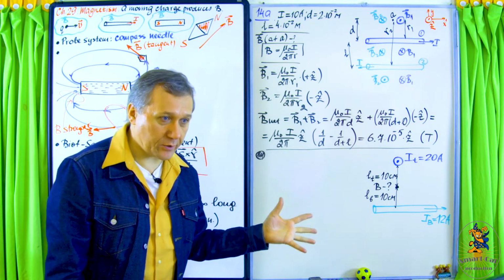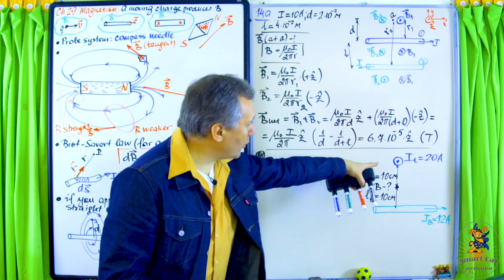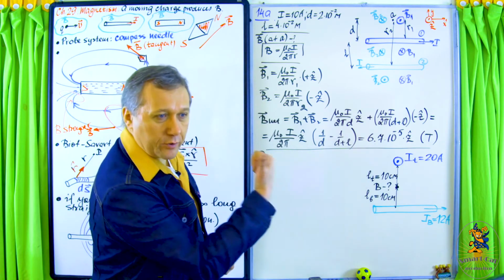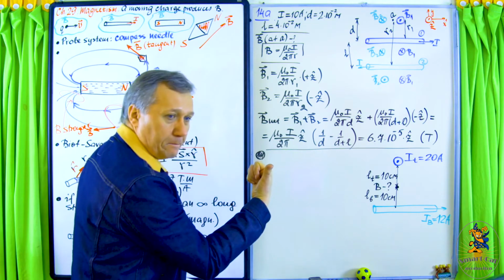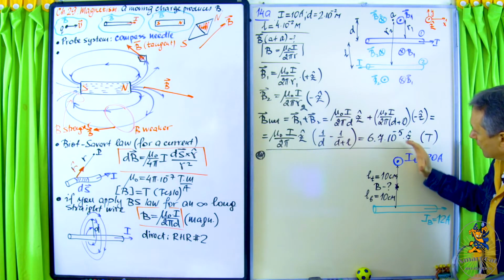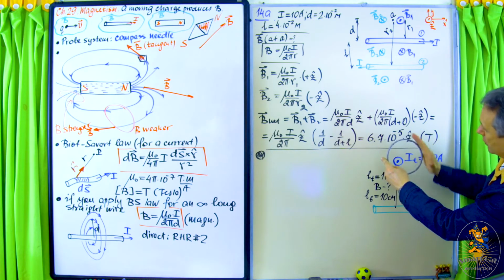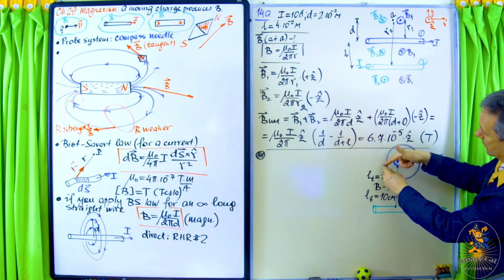Let's draw the direction. Again, right-hand rule number 2. Let's start with the top one. So a current flows out of the board. So outstretch your thumb out of the board. So it will be like this, right? And then curl your fingers around the wire. So again, magnetic field lines form circles. So over here, of course, magnetic field this way, here this way.